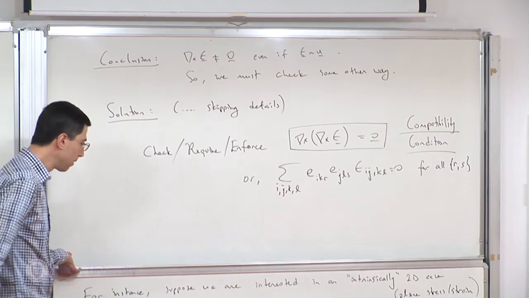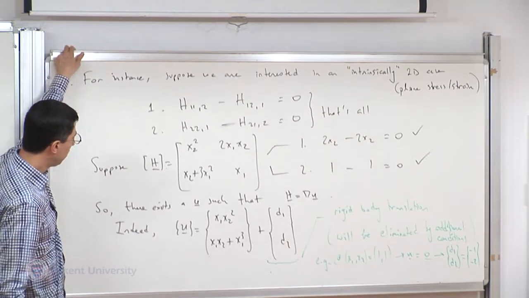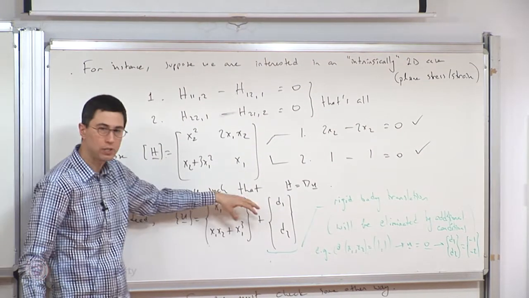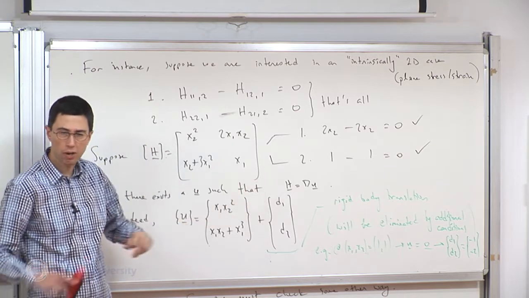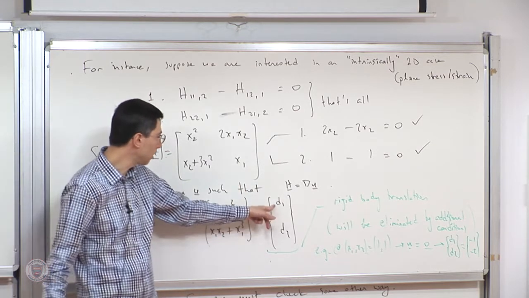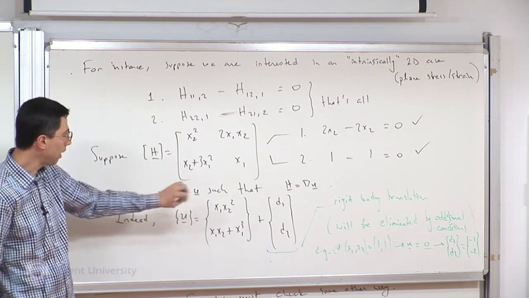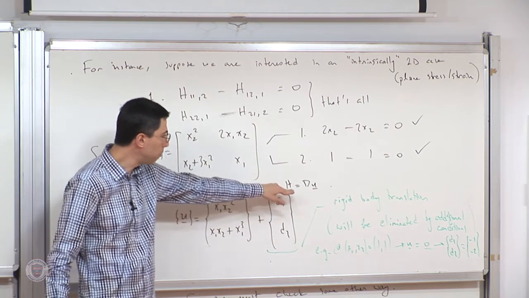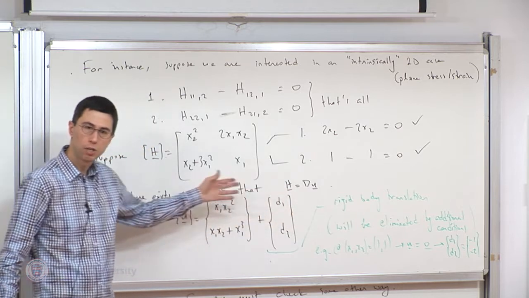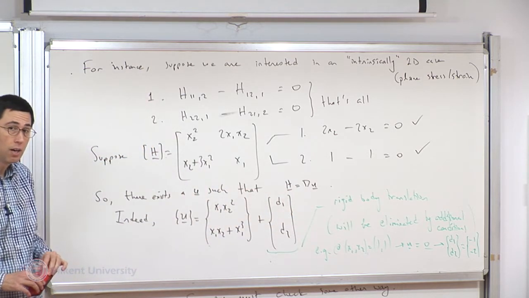Eventually, remember that when I integrate, there will always be some constants of integration or functions of integration. In this case, we got constants. For the displacement gradient, we got arbitrary constants that represent rigid body translation, because H is insensitive to that. How about strain?